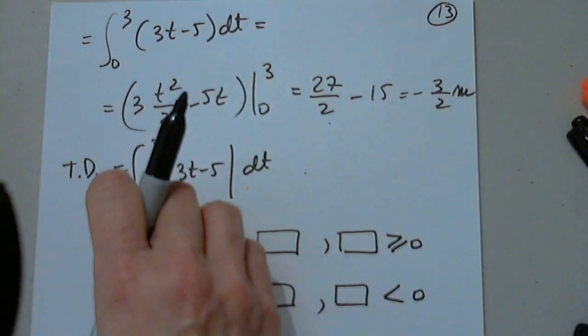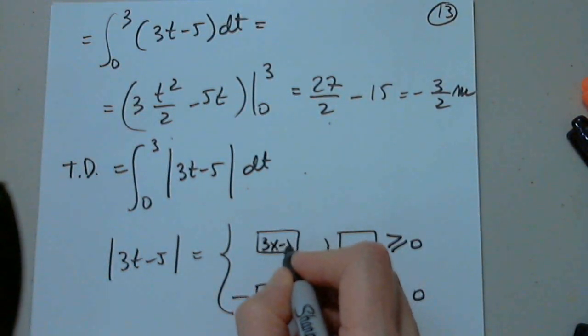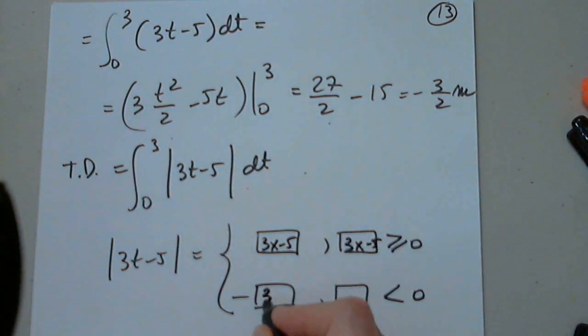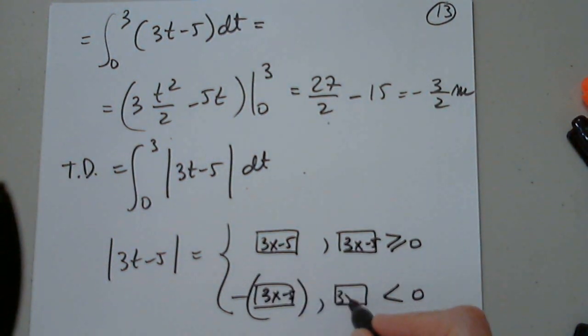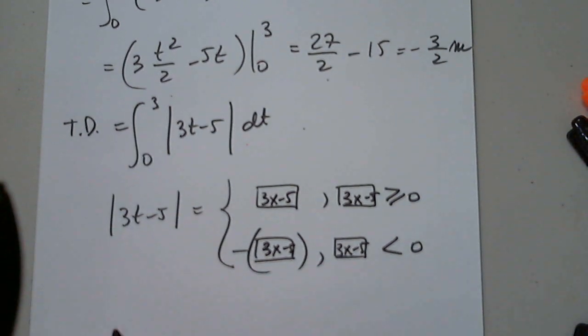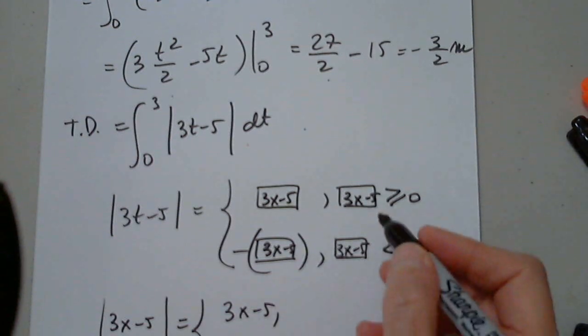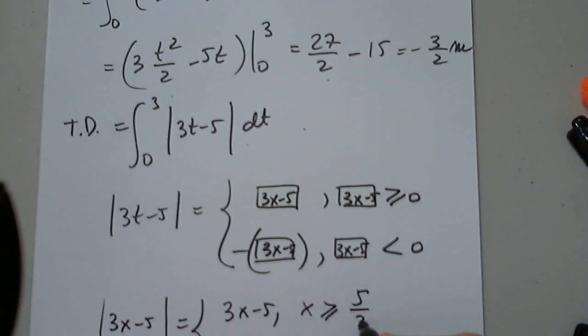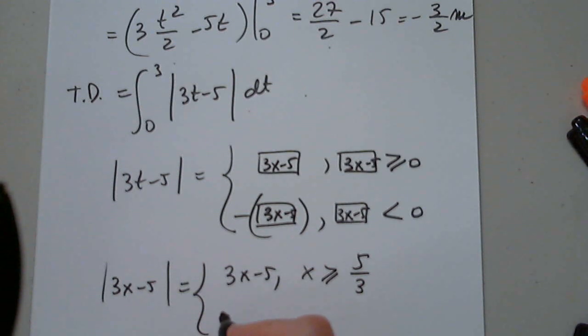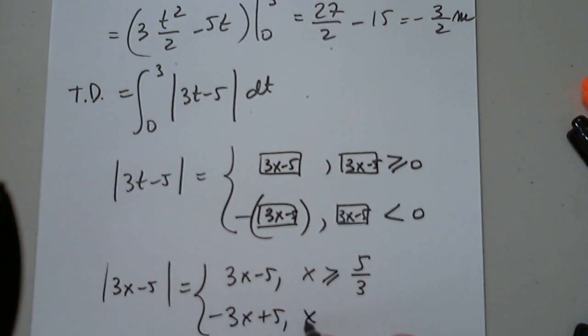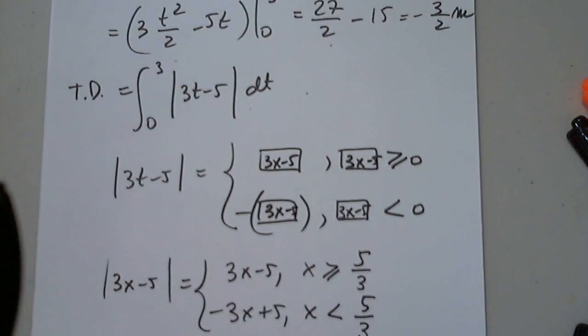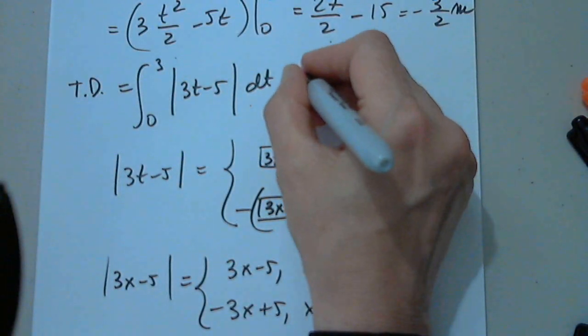Yes. Thank you. Okay. So then the absolute value of 3t minus 5 is 3t minus 5 if t is greater than or equal to 5/3, and it's negative 3t plus 5 if t is less than 5/3. Is this okay? Yes, thank you. Perfect. So now, how do we split this?